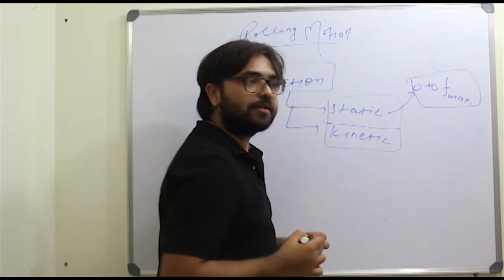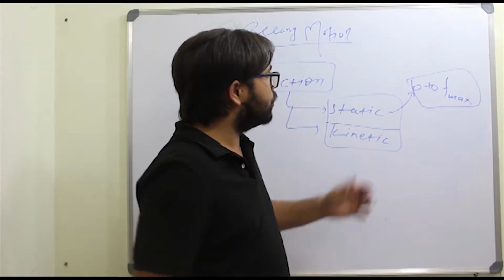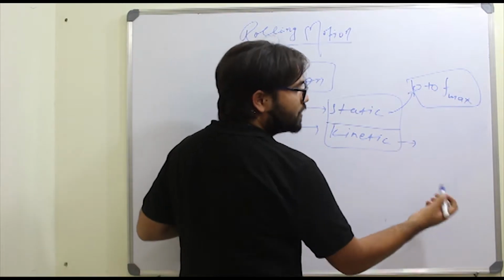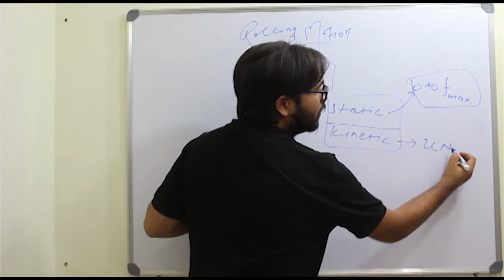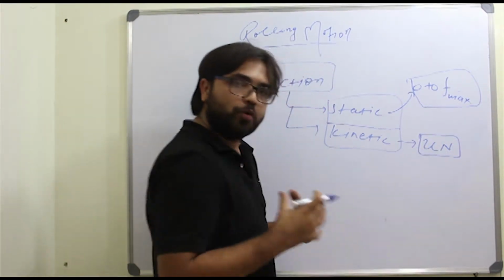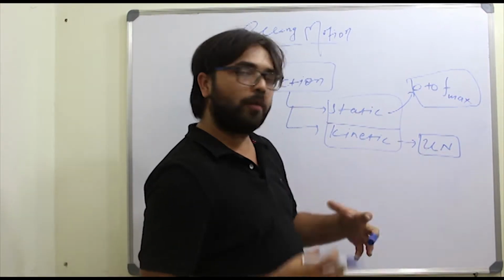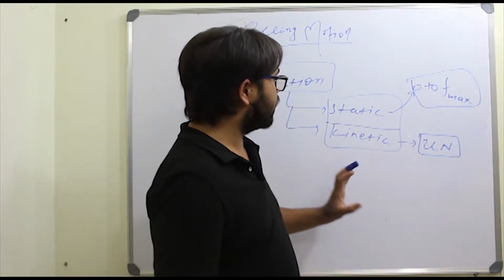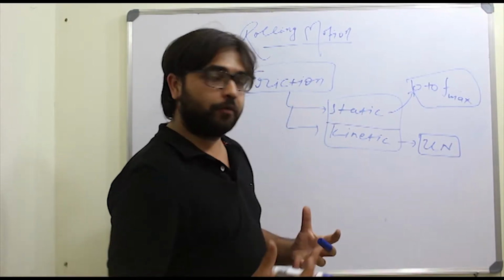I'm just revising some basic concepts of friction for you. Kinetic friction has a fixed value, which is mu n: mu, and the normal force acting between the two objects. Now, why am I talking about friction?